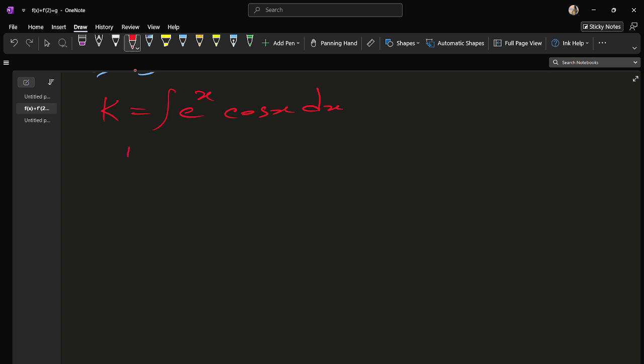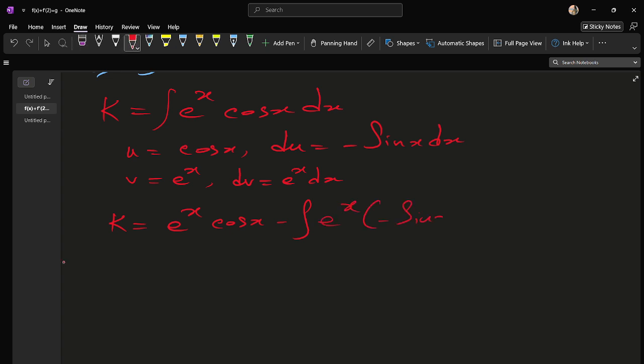Let us take u equals cos x, then du equals minus sin x dx, and v equals e to the power x, then dv equals e to the power x dx. So our k will be e to the power x cos x minus the integral of e to the power x times minus sin x dx.